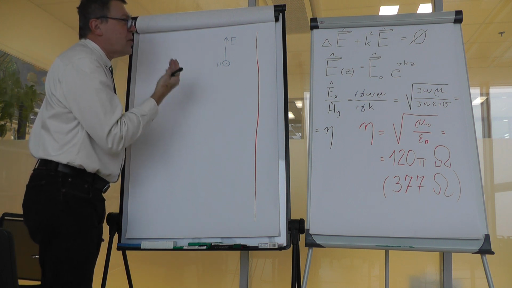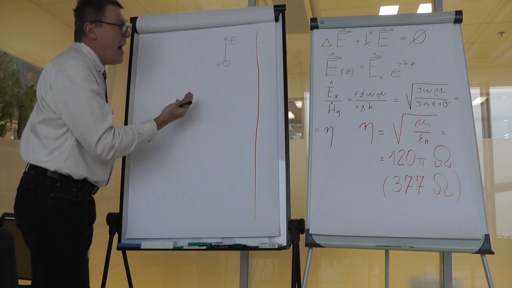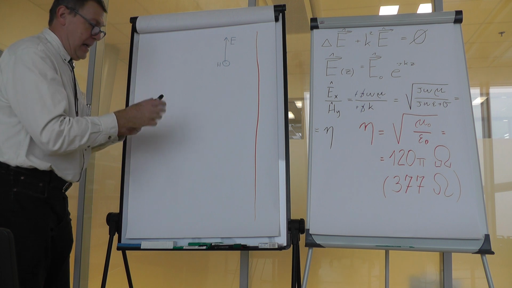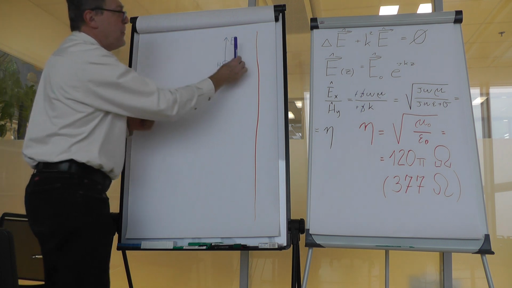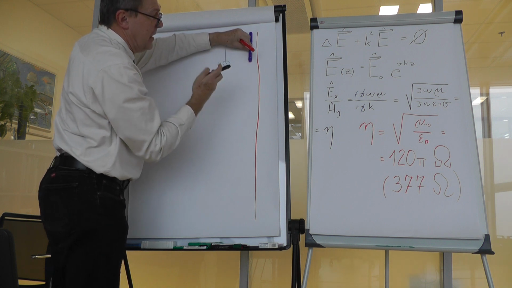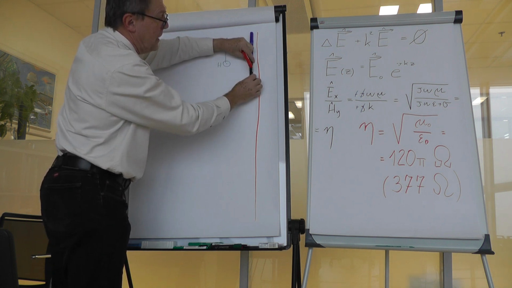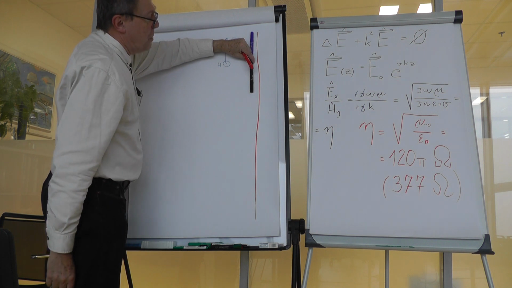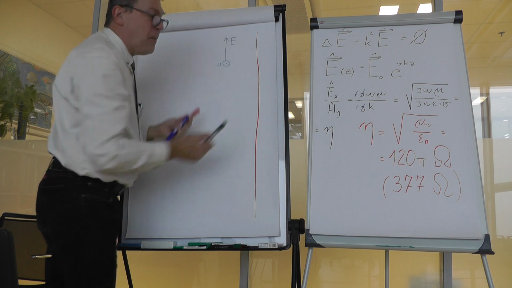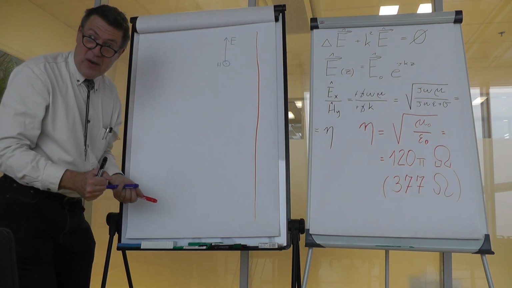So what has to happen? The only solution to that is that the wave would reflect in antiphase, so that there will be an incoming wave with the electric field pointing upstairs, and the reflected wave would have the field of the same magnitude pointing downstairs, so that the result just at the surface would be zero.